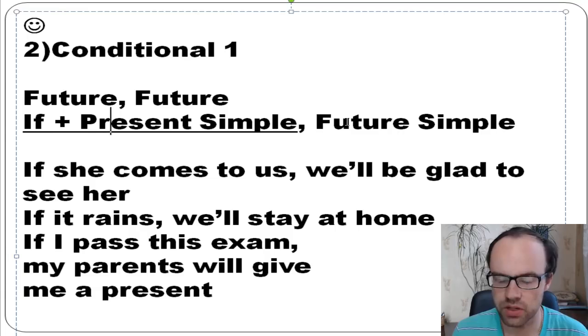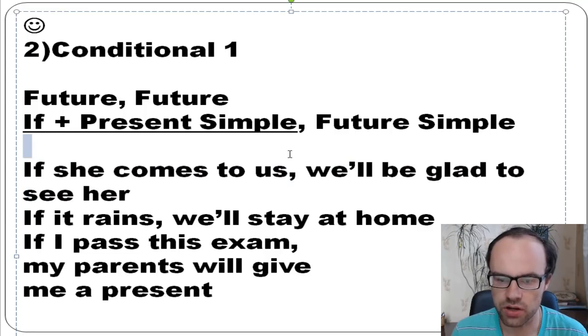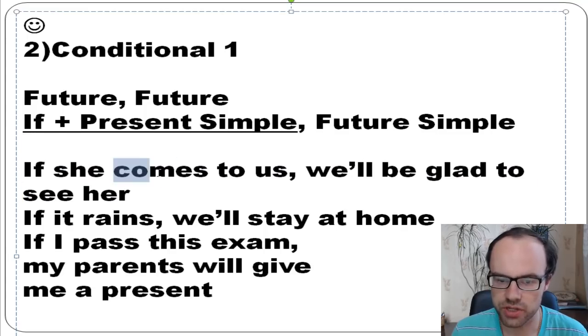Let me give you an example. If she comes to us, we'll be glad to see her, okay? So if she comes to us, we'll be glad to see her. You see that it's in present simple, yeah? If we have he, she, it, we add s. She comes, yeah?